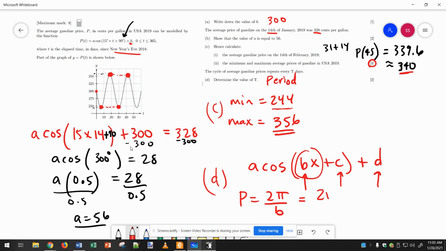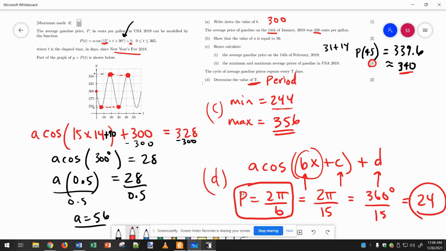So if we just take 2 pi over 15, which in this case would be that coefficient in front of the variable, and since we're in degrees, we change 2 pi to 360, we divide by 15, and we get that period. That's going to be the value for T. So T is 24. I know it's confusing because they changed it: this b value is over here, and this b value is actually the d value. This is b.